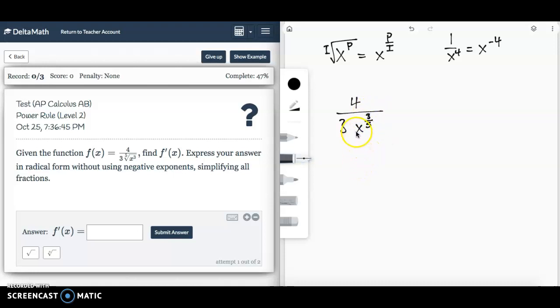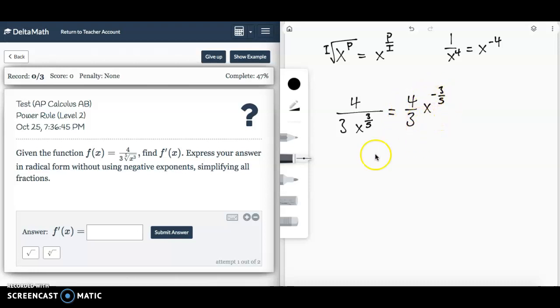But in order to take the derivative of it, I need to bring it up and have it not be in the denominator. So this is really the same as 4/3 x to the negative 3/5. Now this is in a form that I can actually take the derivative of.